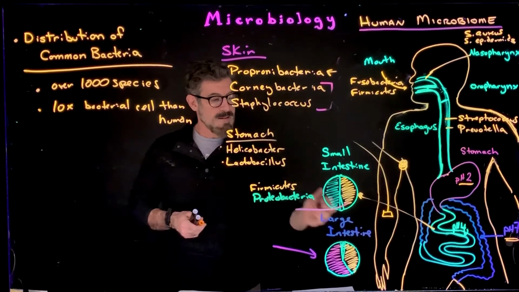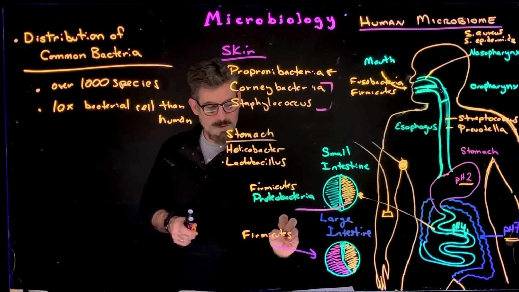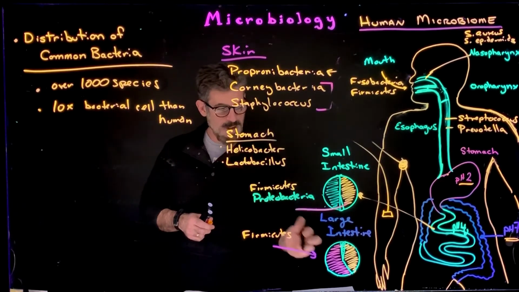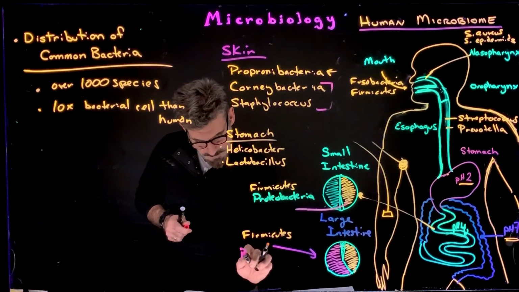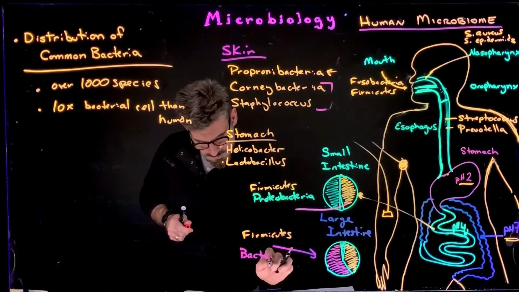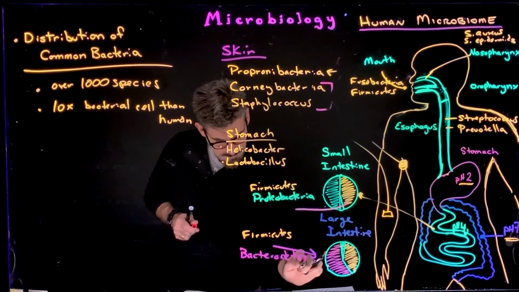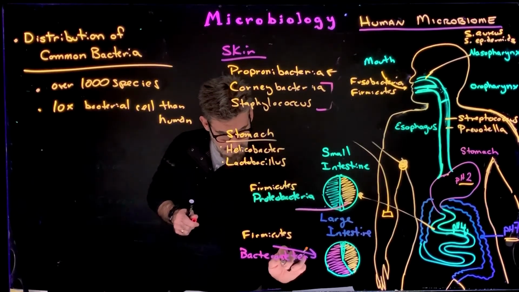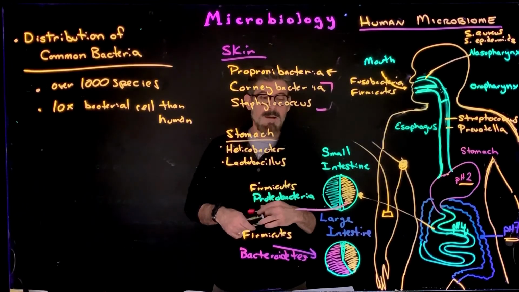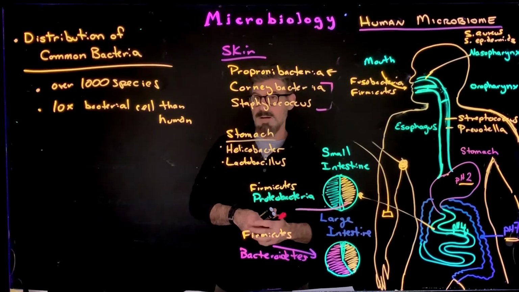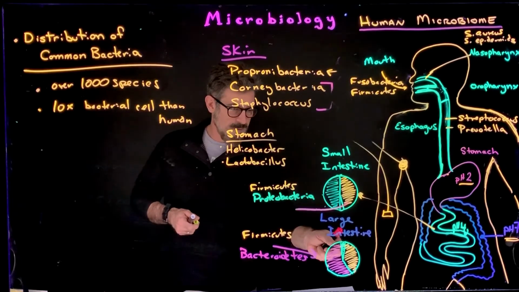And what we see is that while Firmicutes still maintains a hold on a large portion of that composition, we now see Bacteroides taking over and making up a large portion, over 50% of the bacteria of the large intestine. And then the proteobacteria are reduced to a very small amount here.